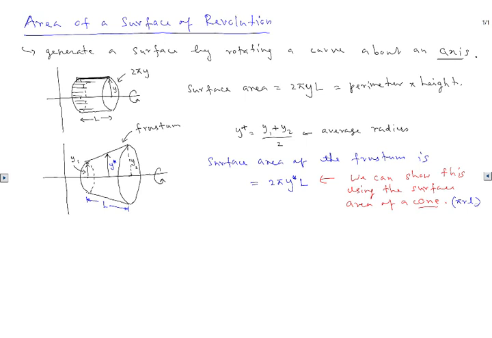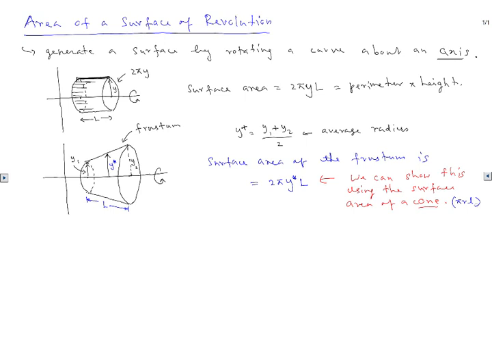So that's pi r L. We can use that result to show that the surface area of a frustum is 2 pi times the average radius times L.